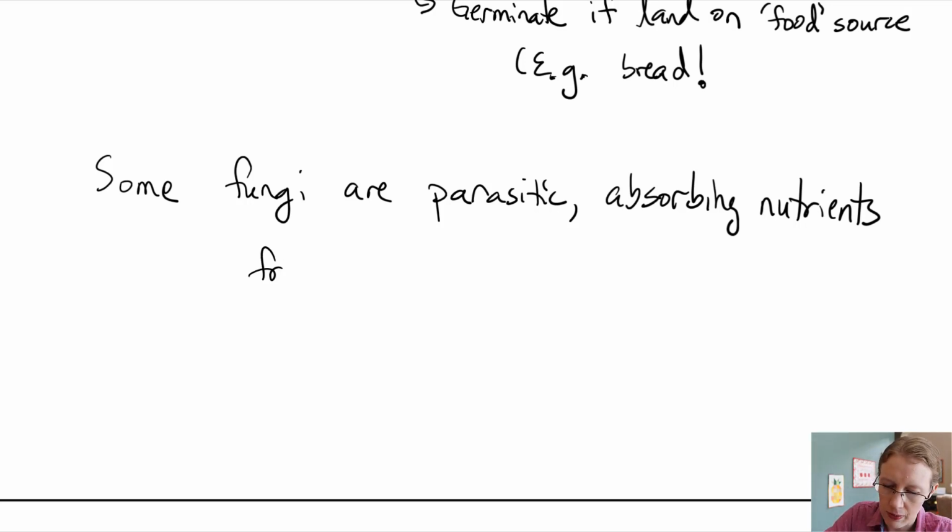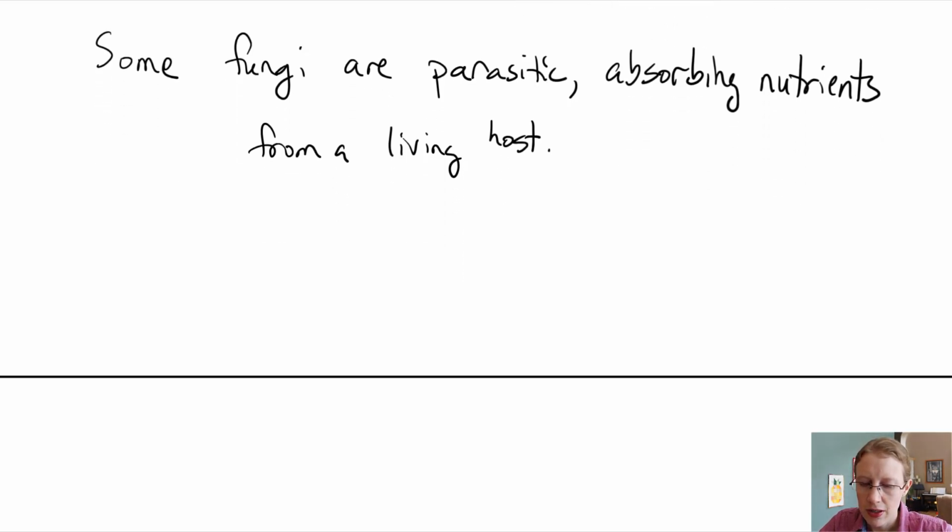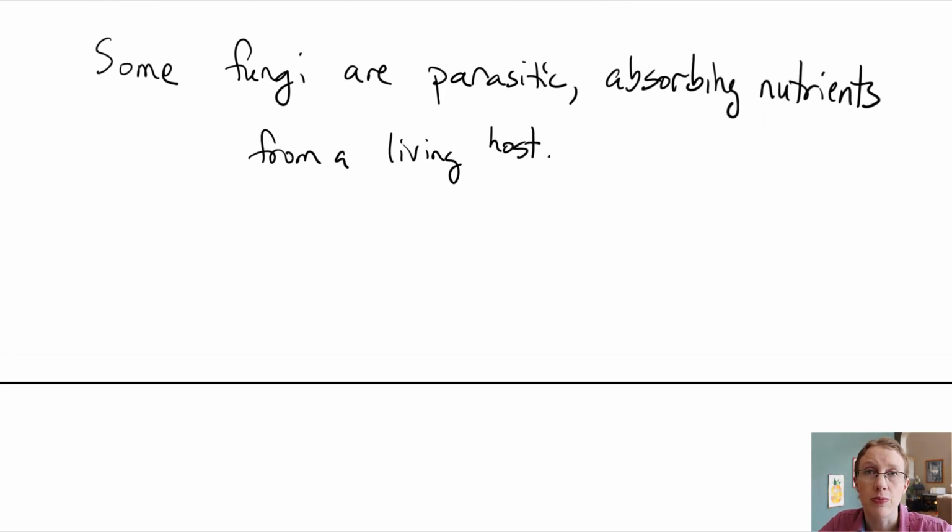Absorbing nutrients from a living host. Okay, so these types of fungi, they're parasitic. They can be parasitic on people, not just on people though. Animals generally can be susceptible, and plants in some cases can be susceptible to parasitic infections.